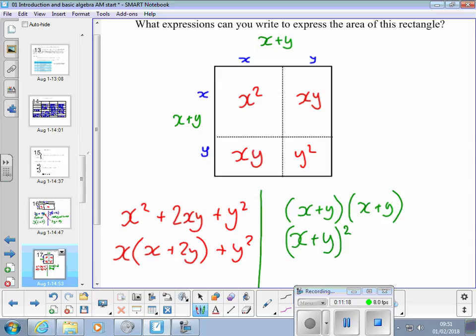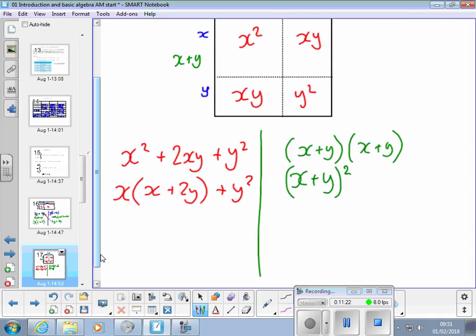So we could write it like that. We could leave x squared and say plus y, 2x plus y.